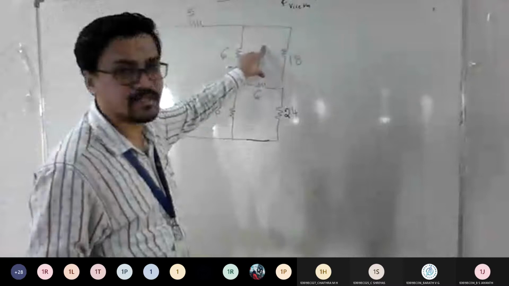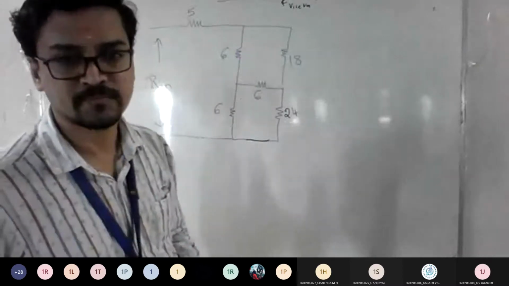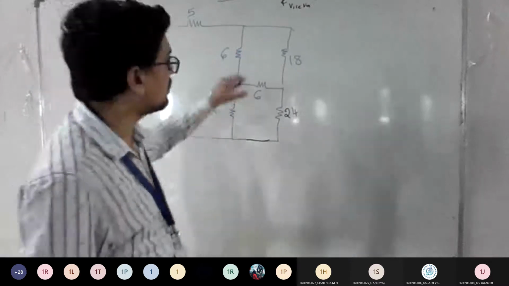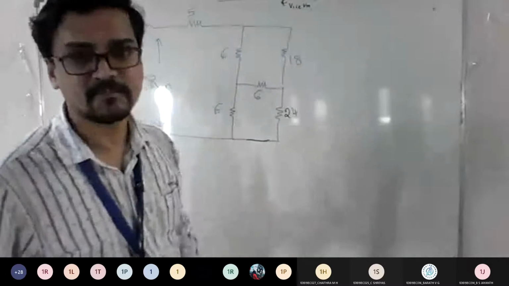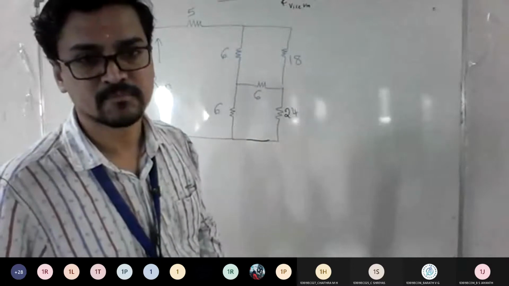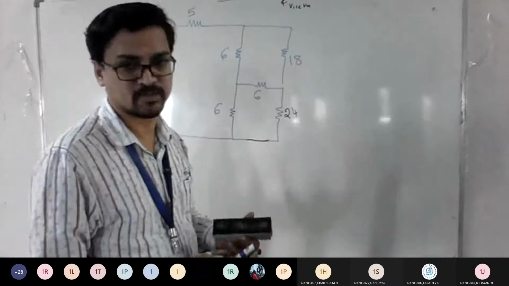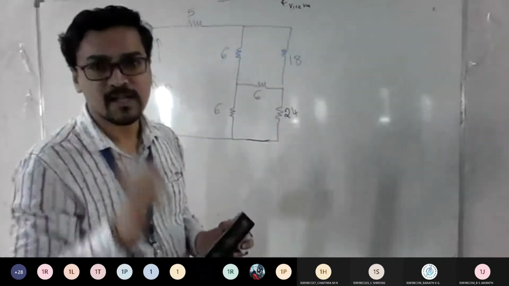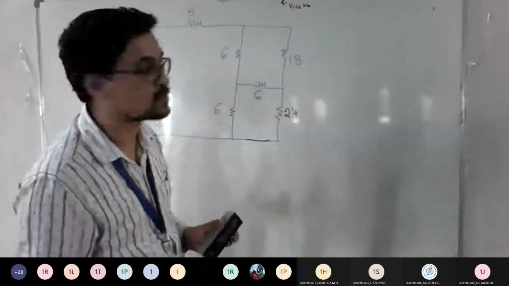Do you want to apply this delta to star for both or is one sufficient is the question. If you are able to solve any one, do you think the other will come in series with the other? We will try out. Listen now. Any one of these you can convert to your star. What I told, between two resistors, one resistor is supposed to be placed.